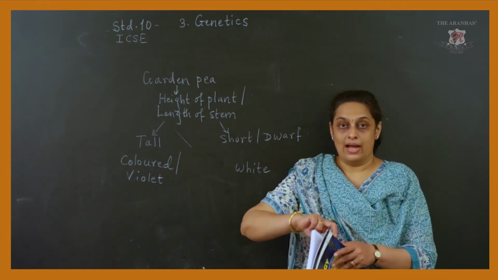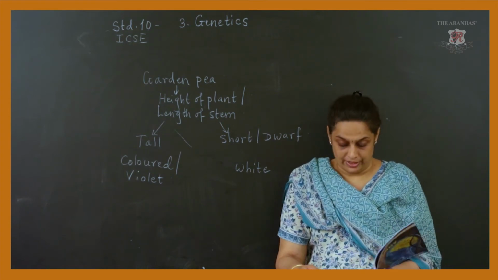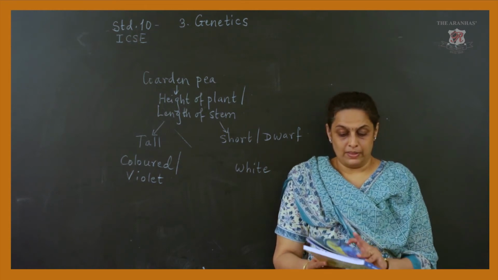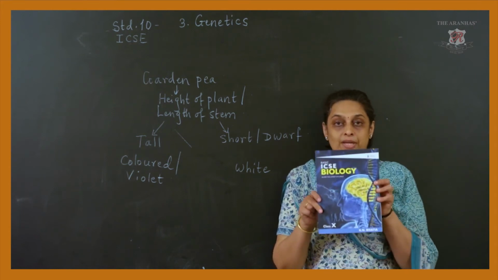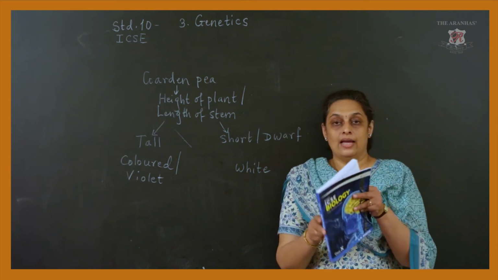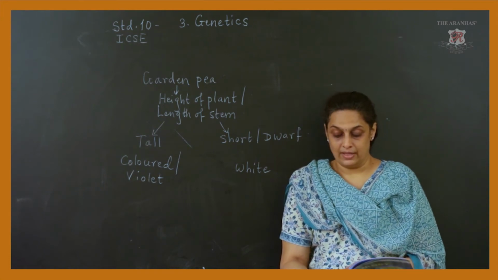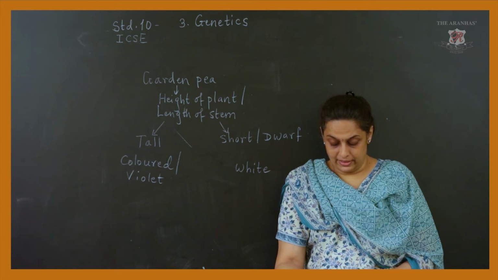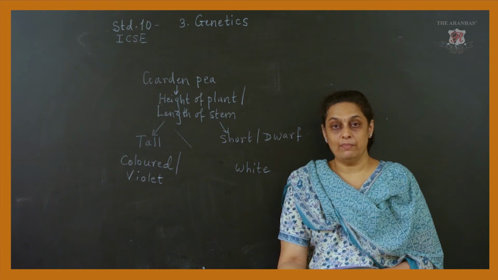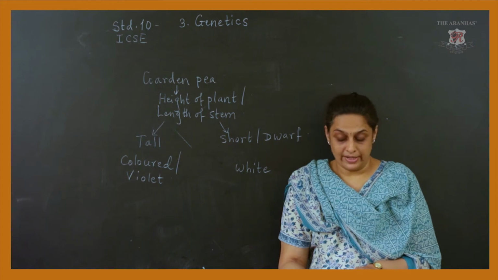Okay? So now I want you to keep your textbook open in front of you. I have this textbook with me, you can have a look. And on page number 23, if you look at table 3.4, where 7 pairs of contrasting characters are given, I will read out.